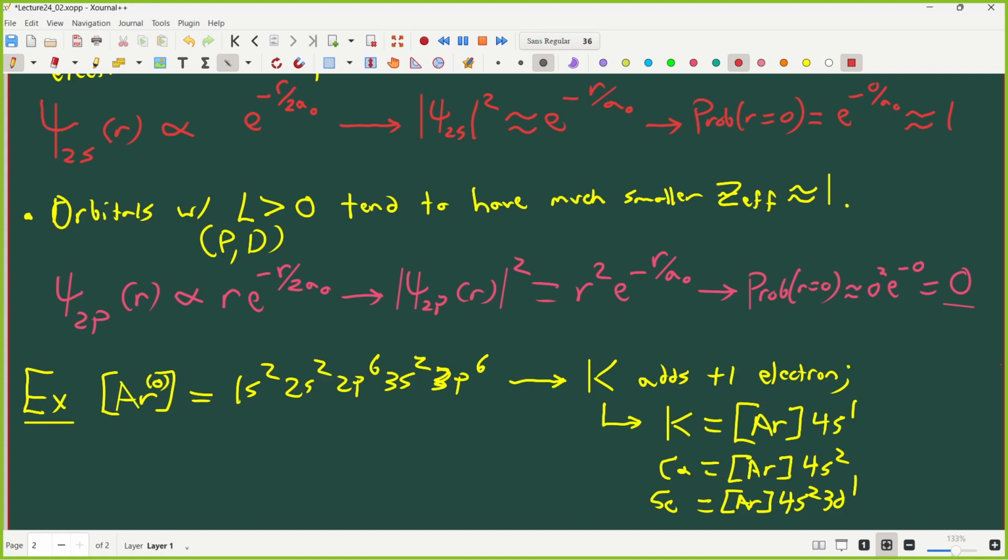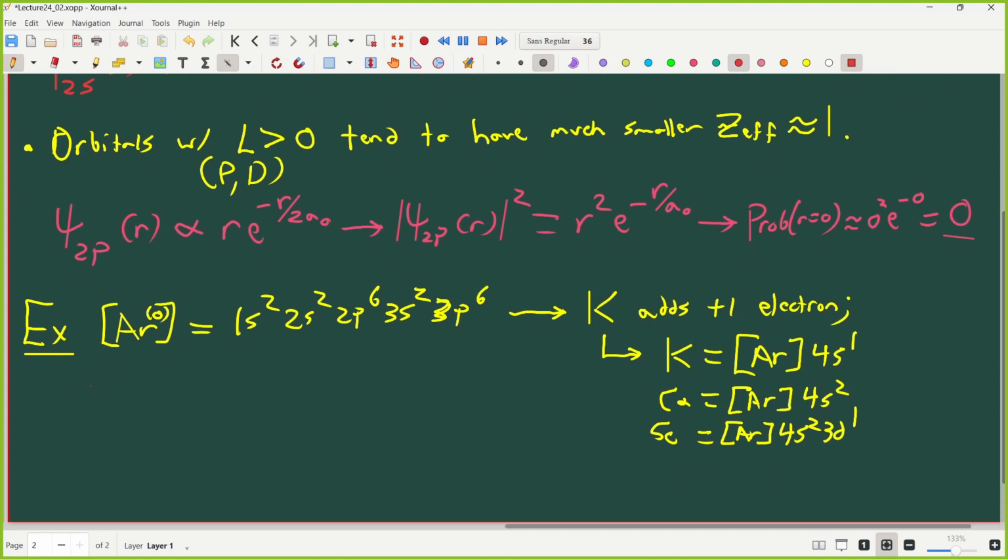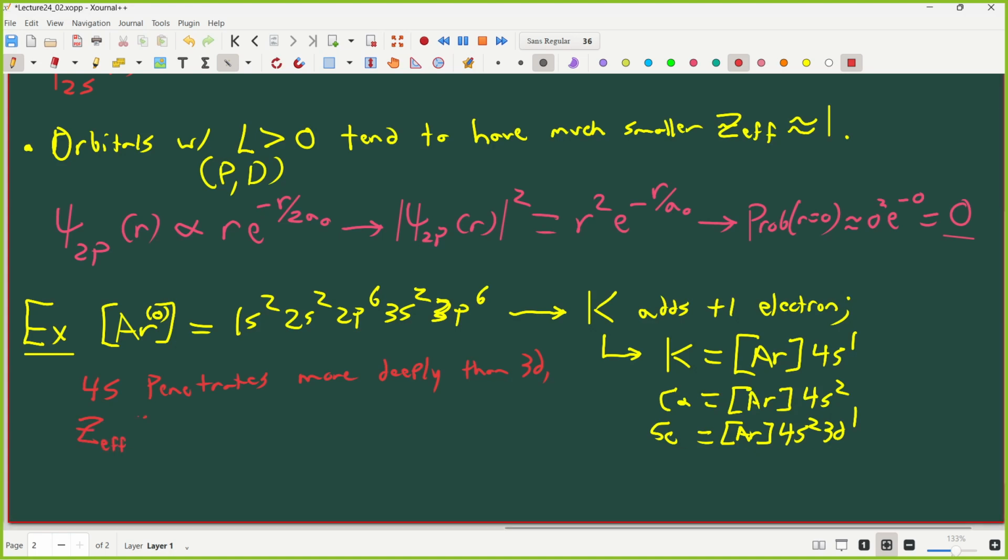The idea is that 4s penetrates more deeply than 3d, because those 3d electrons are flinging themselves out really far from the atom. Therefore, the Z effective for the 4s electrons is greater than the effective charge that the 3d electrons feel.